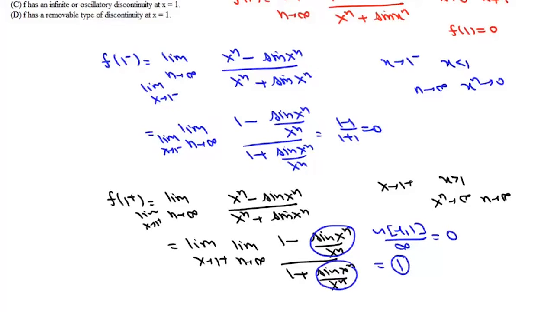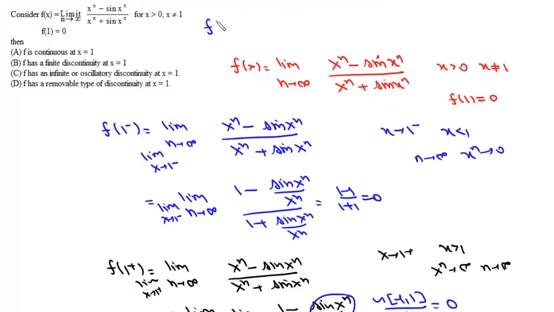So that means f(1) is equal to f(1 negative), but it is not equal to f(1 positive). So this function is left continuous, but it is discontinuous. And since left hand limit is not equal to right hand limit, it is a non-removable discontinuity, which in this case is a finite discontinuity at x equals 1. That's your option B.